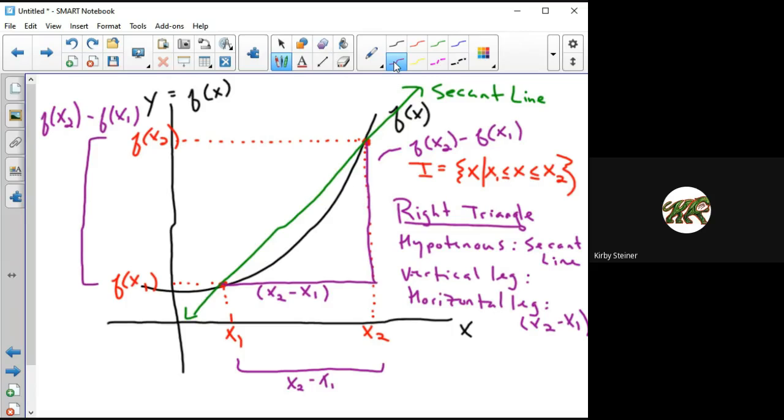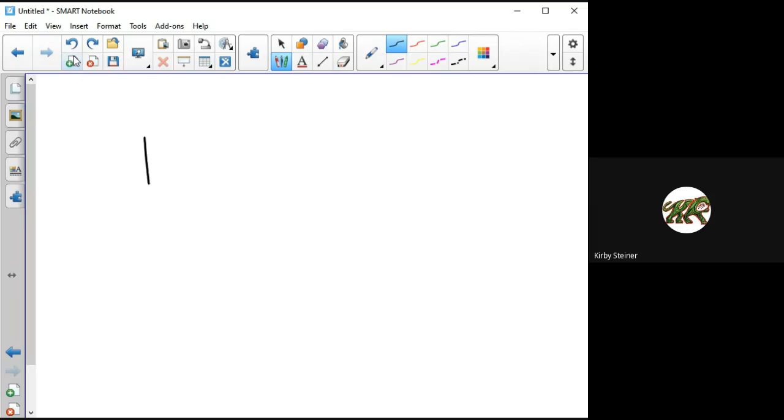And what we're interested in is the slope. So we're interested in the slope of the secant line. So let's make another picture here and kind of zoom in on what we have. So we have this graph.